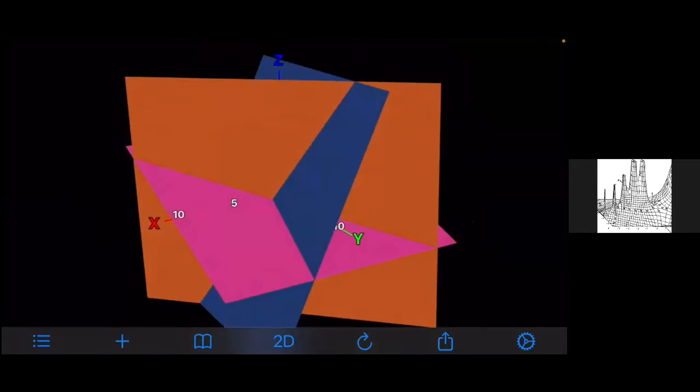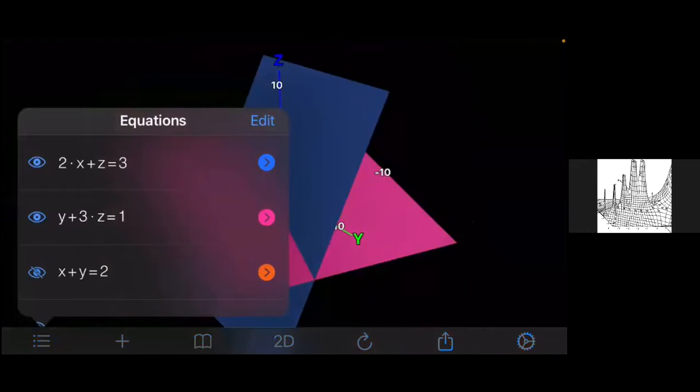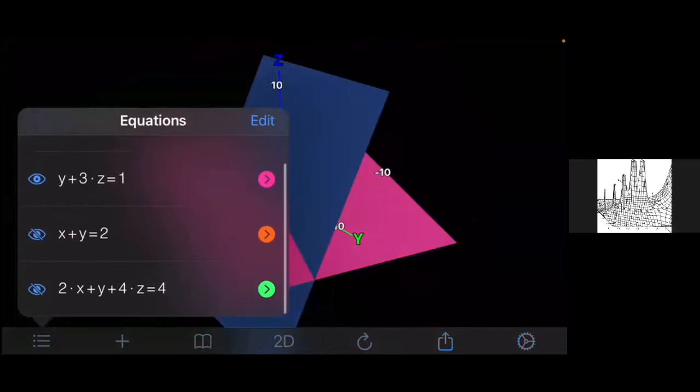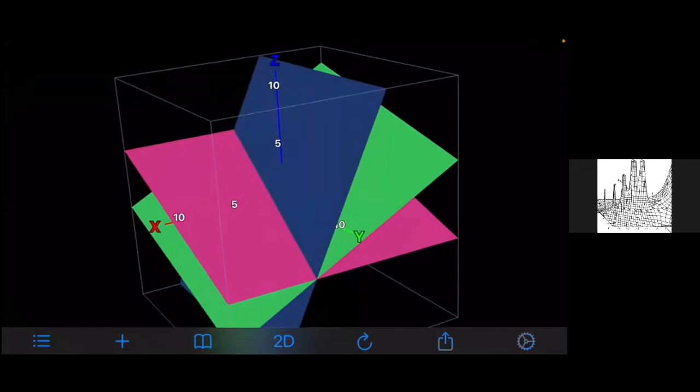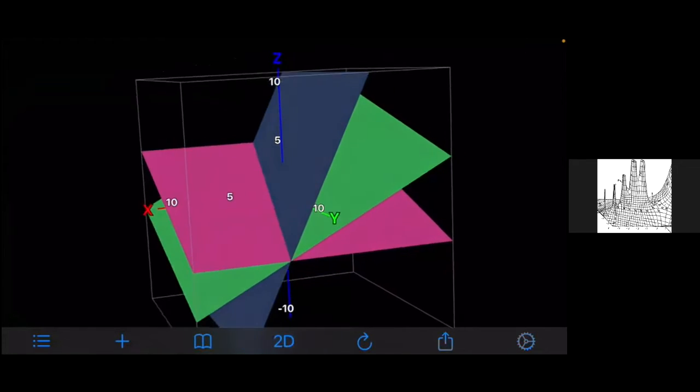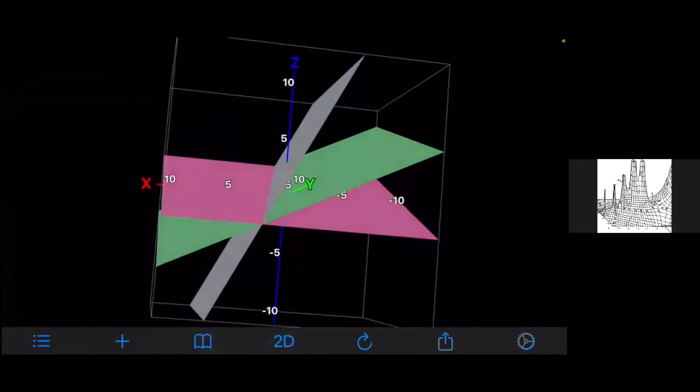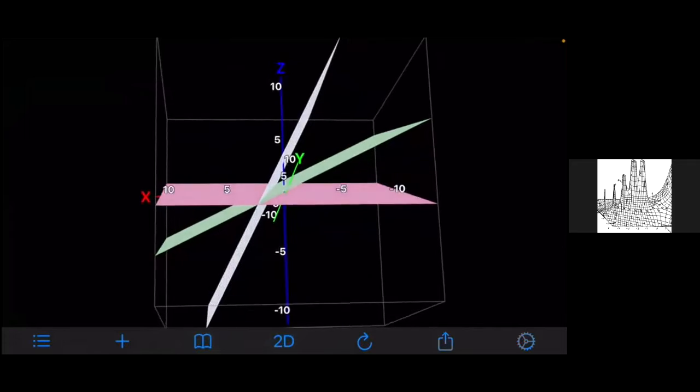Now, when you have a dependent system, which is the case when we add those first 2 equations together to get 2x plus y plus 4z equals 4, let's see what happens. You can see we get a new plane out of it, but it intersects the other planes in the exact same line.